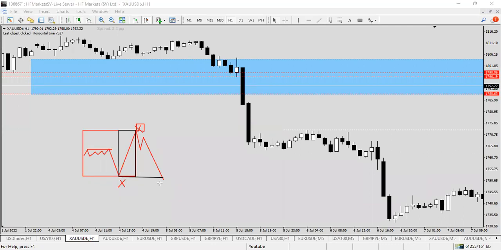So at this point in time, we start expecting the one thing that we all know and love: when markets break out, they will retrace. This is what everybody wants to find. Yes, retrace.